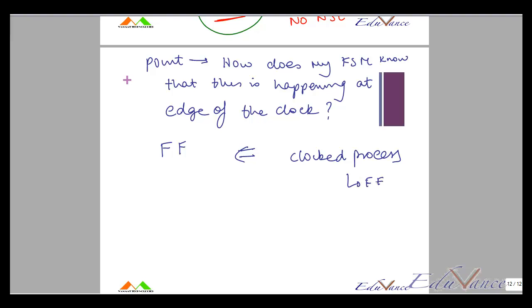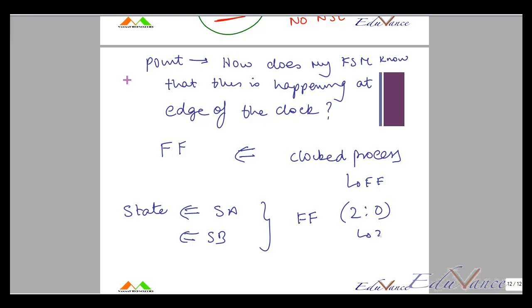So each state assignment that you say, state is SA, state is SB, will all be a flip-flop. So now your state, which is a std_logic_vector 2 downto 0, which is 3 bits, will actually form how many flip-flops? 3 flip-flops. The 0th bit, the first bit, and the second bit.